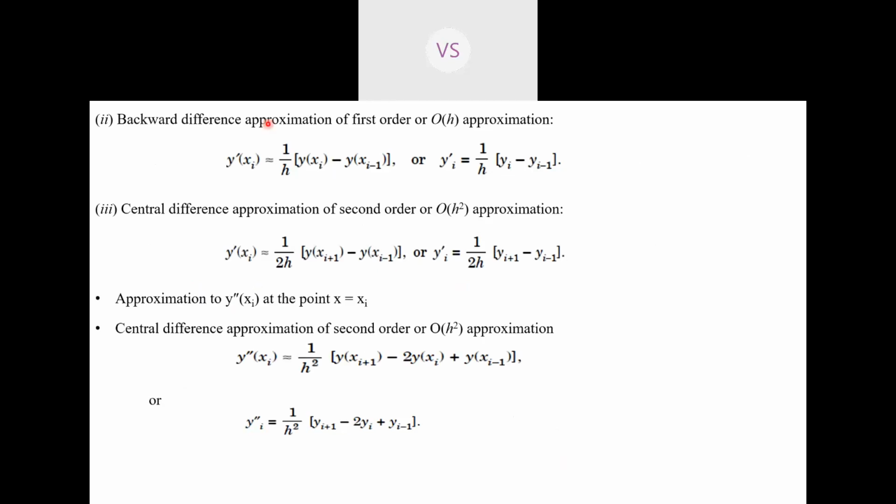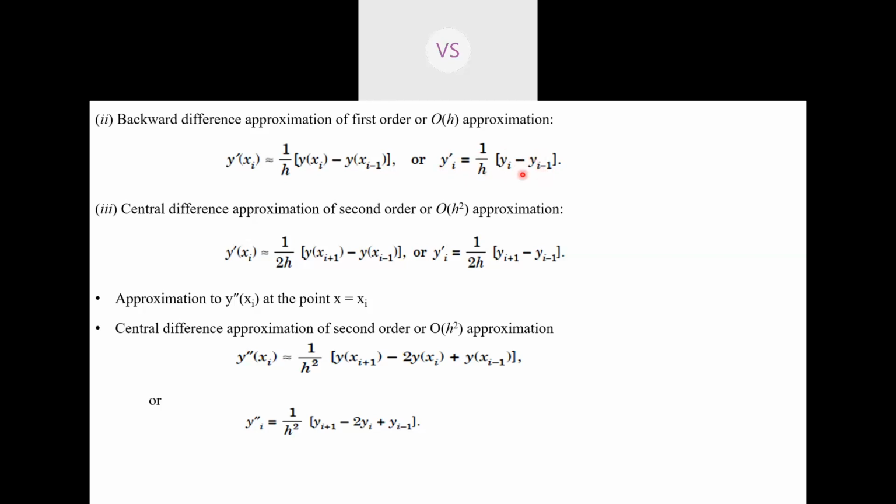Now the backward difference approximation of first order. When we are finding y dash at any value of xi, it will be equal to 1 by h, y at xi minus y at xi minus 1. So y dash i is equal to 1 by h, yi minus yi minus 1.